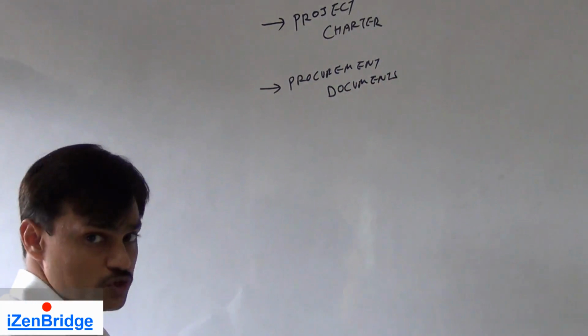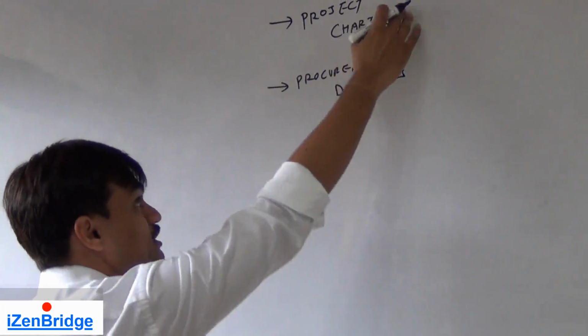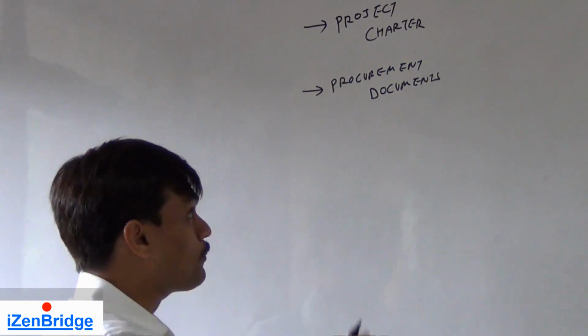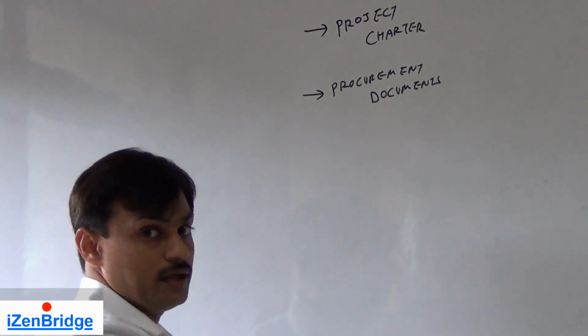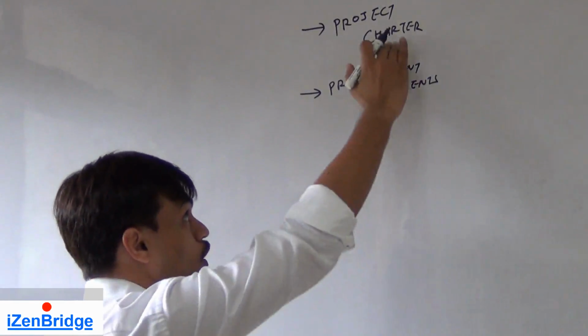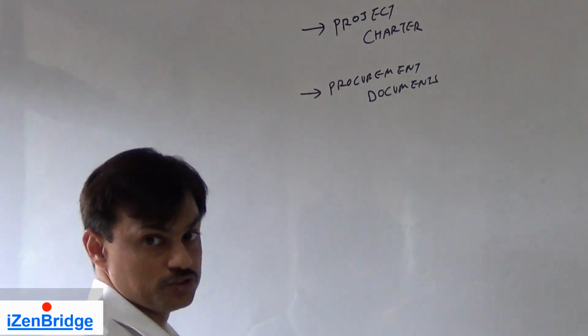In the initial stage of the project, we may only get these two documents to identify the stakeholders. The procurement documents primarily mean the contract or an agreement which you have got along with the project charter for the execution of this project.